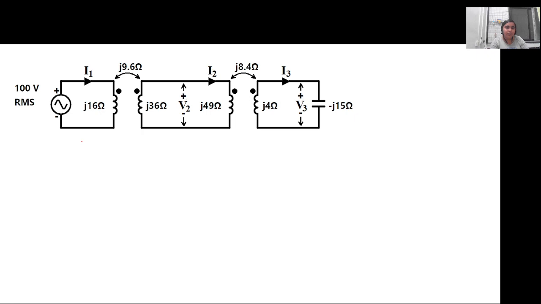So can you quickly calculate the value of V2? We have the values of I1, I2 and I3.